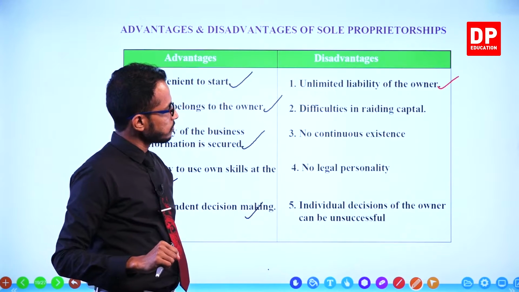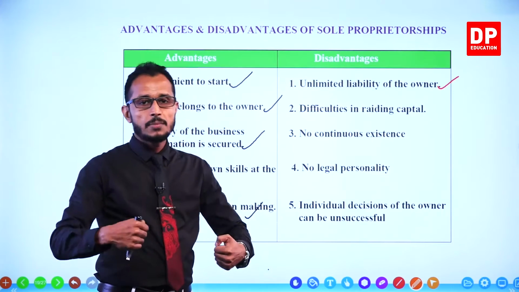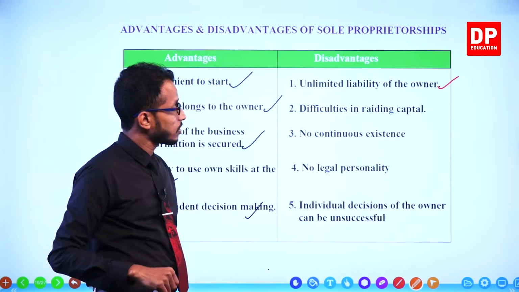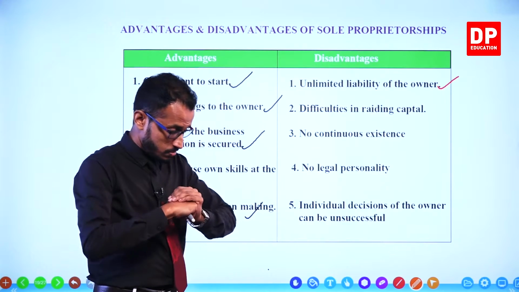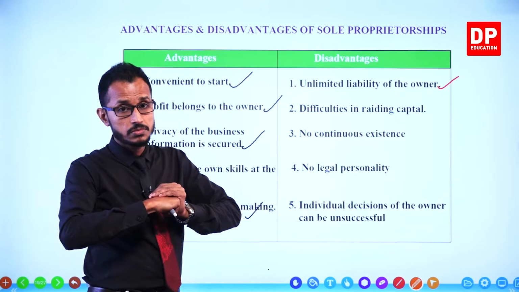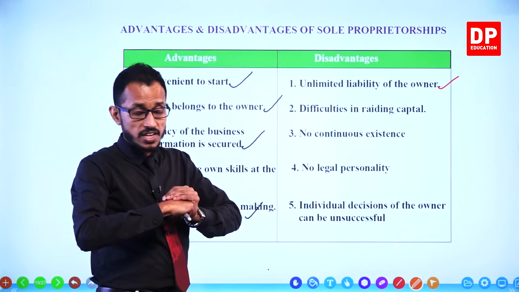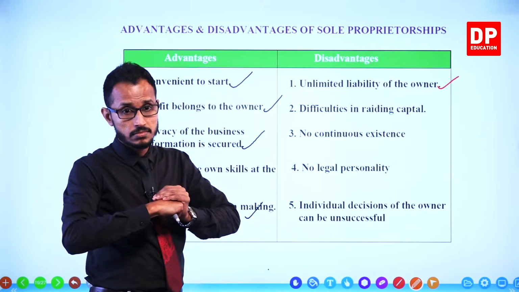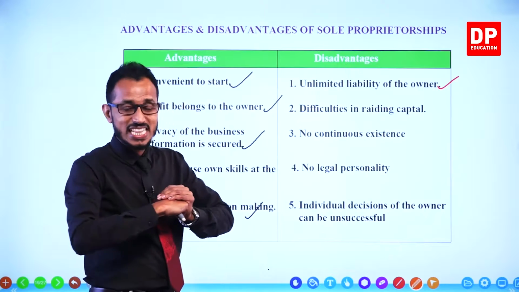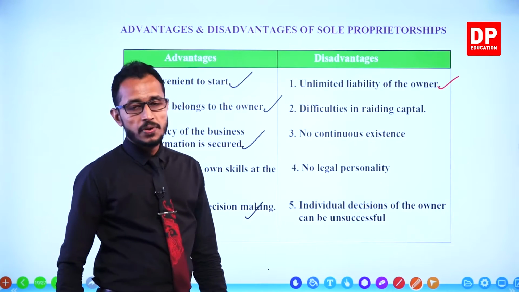Okay? Business liabilities become owner's liabilities. Big disadvantage, children. It's a big disadvantage. People have lost everything due to business liabilities. They had to pay using their own properties.